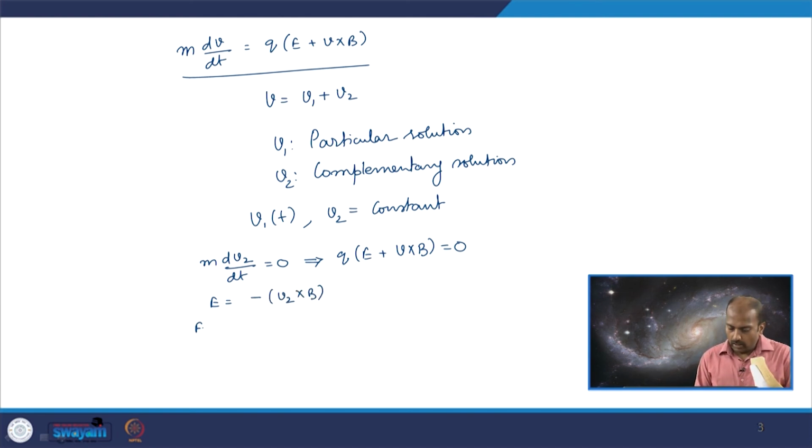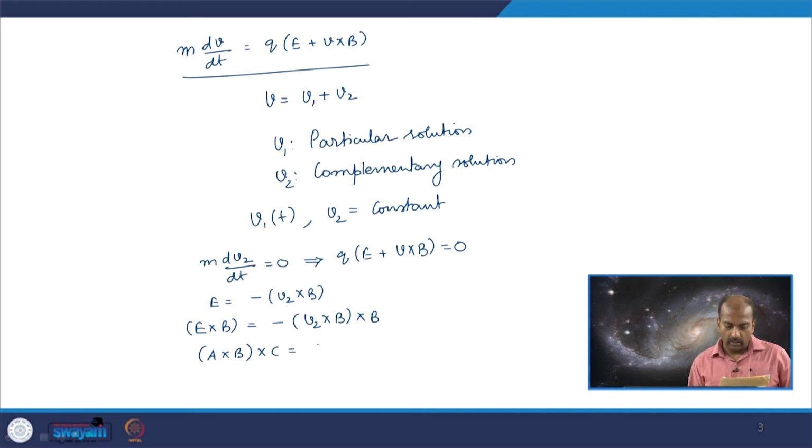Let us take the cross product of this with B, as minus V2 cross B cross B. Okay. Now, we have a vector triple product which is like A cross B cross C, which is to be written as B times (C dot A) minus A times (C dot B).